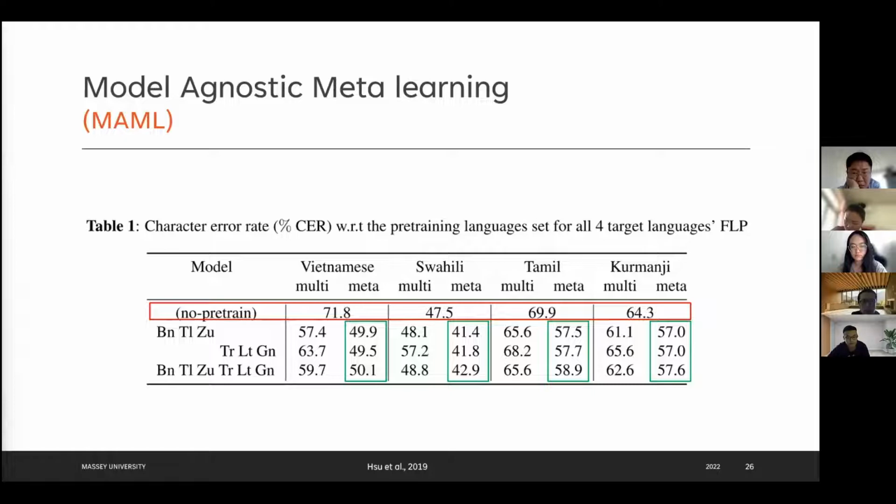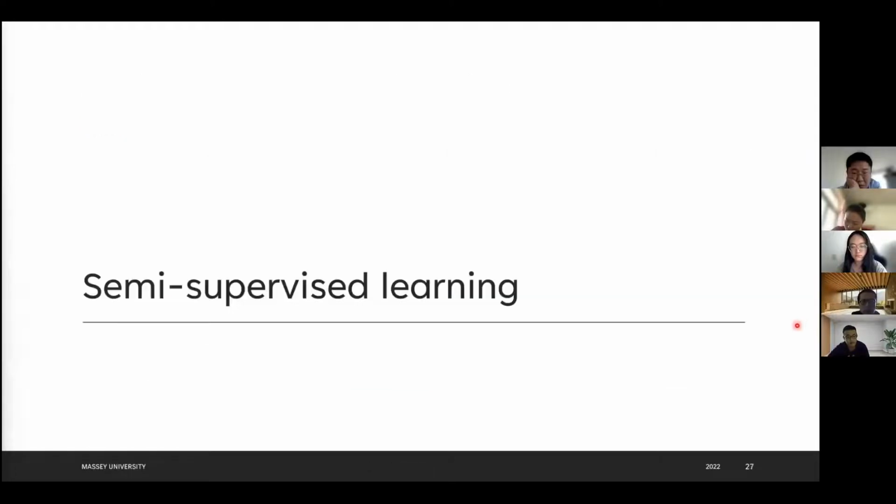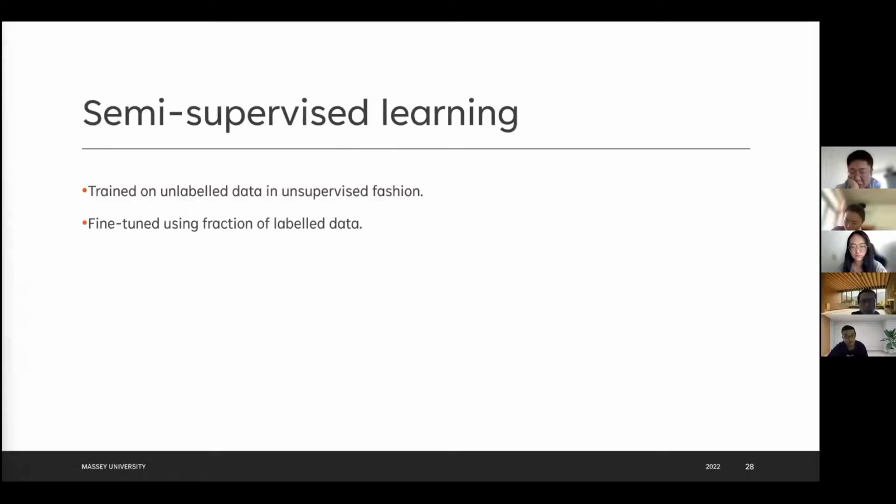And the next set of algorithms that we are talking about are the semi-supervised learning algorithms. The semi-supervised learning algorithms are trained on unlabeled data in an unsupervised fashion and fine-tuned using a fraction of labeled data. So we have millions of unpaired audio. We train the model on unpaired data, and then we use very few hours, even a few minutes, of labeled data to fine-tune our model.